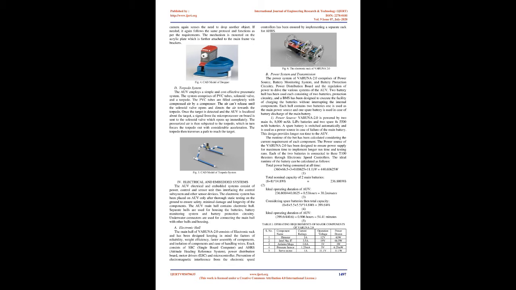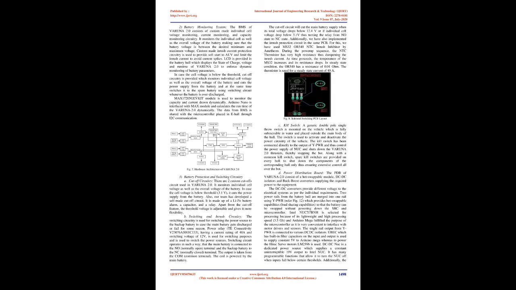The runtime of the bot has been calculated considering the current requirement of each component. The power source of the VARUNA 2.0 has been designed to ensure power supply for maximum time to implement longer runtime and testing runs. Each of the 2 batteries is connected to 3 T100 thrusters through electronic speed controllers. The ideal runtime of the battery can be calculated as follows.